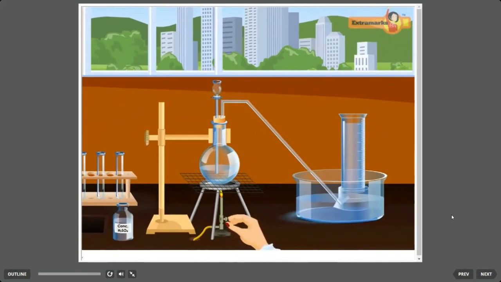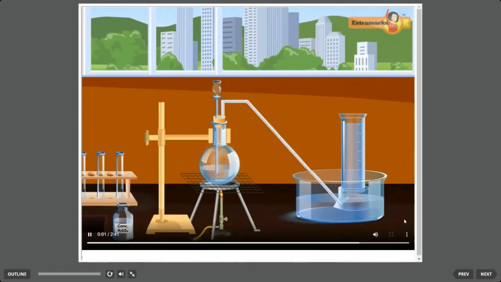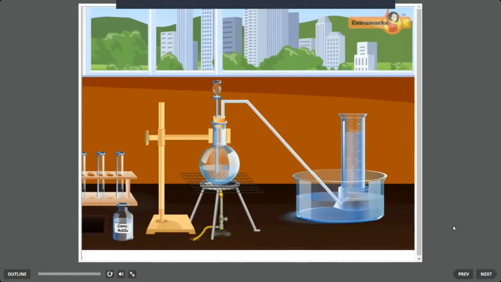Now, heat the mixture until the temperature of flask is raised to 160 degrees. Notice, ethene gas starts evolving and can be collected over water by downward displacement of water.